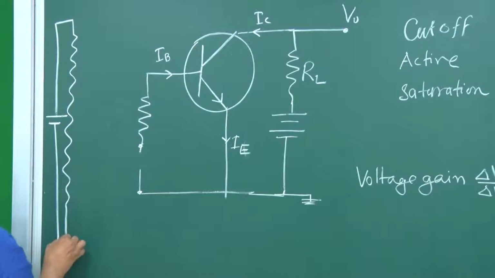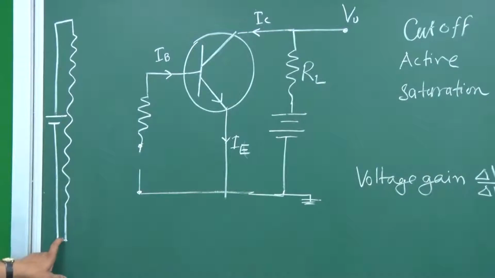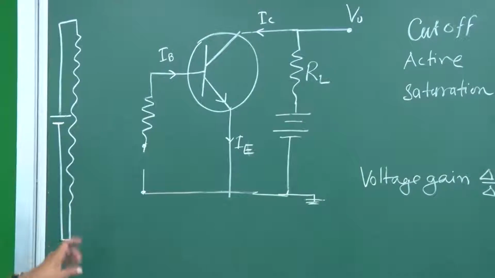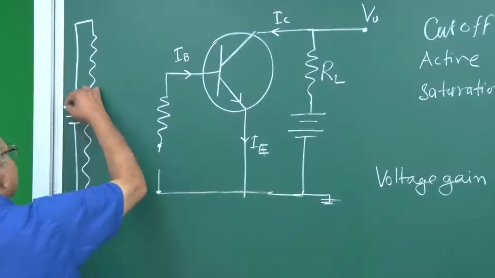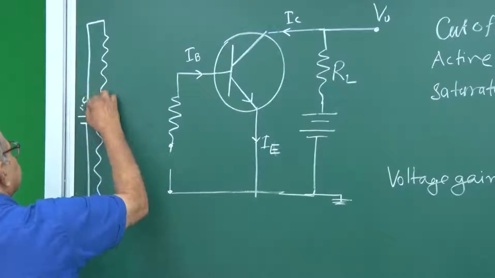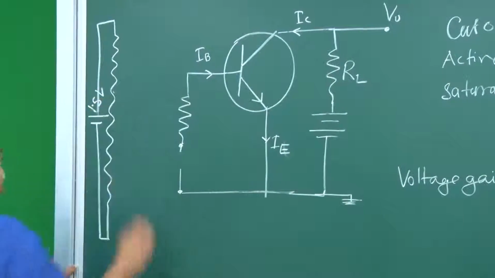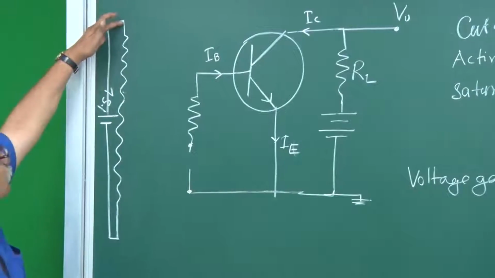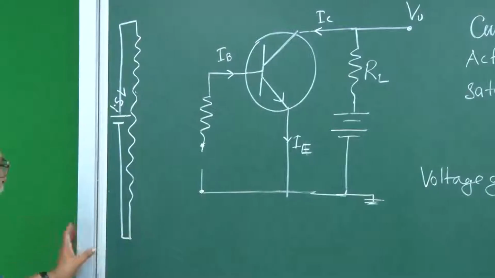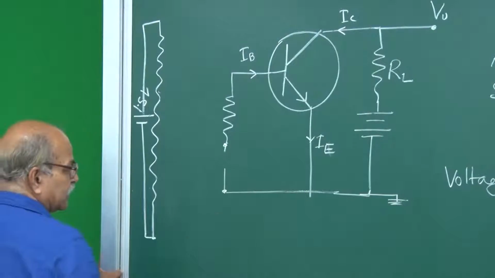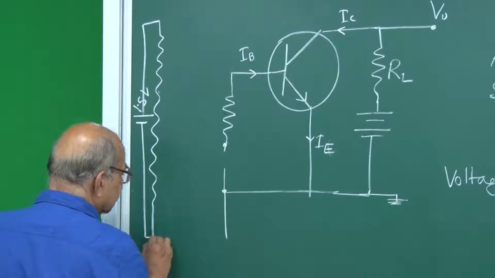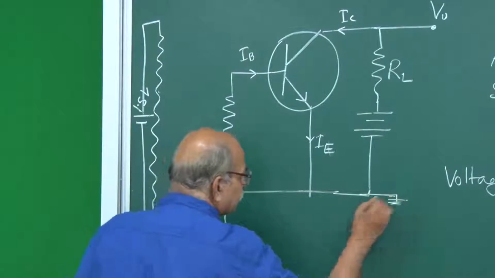We will be putting a switch here, which we will connect at the time of actual measurements, but in the diagram I am showing it connected. So this is the 1.5 volt cell. The total drop from here to here is 1.5, and this negative we will take as the 0 potential. So this is actually connected to the ground.